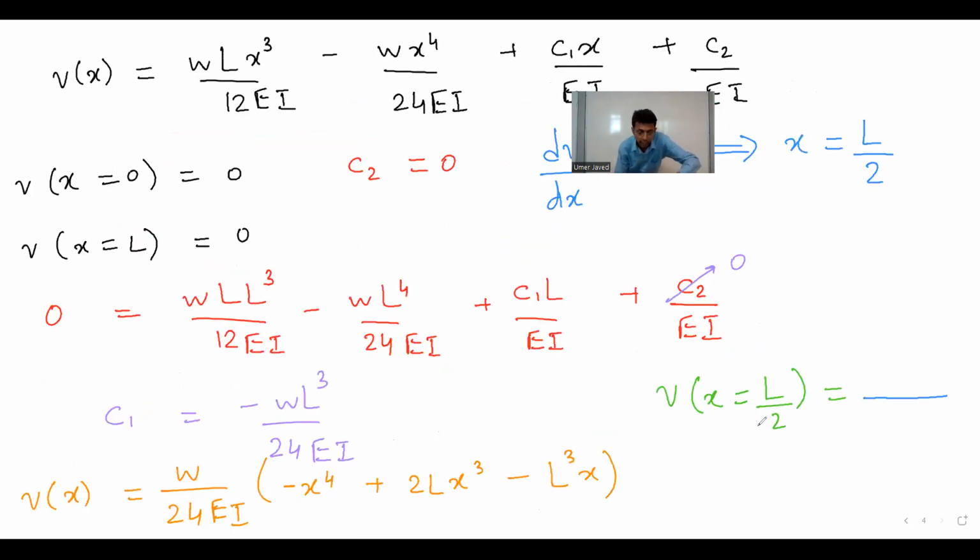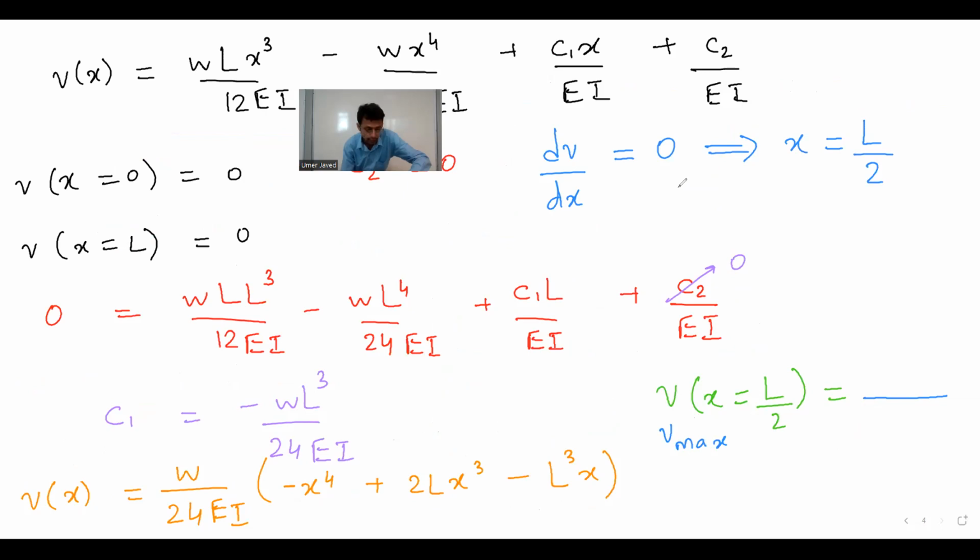So now v at x equal to L by 2. I'm not sure whether all of you got the expression. Anyways, you can put it here now, and you can make a remark here that this is V max. Because this gives you dv by dx, which is your tan theta, nearly equal to theta.